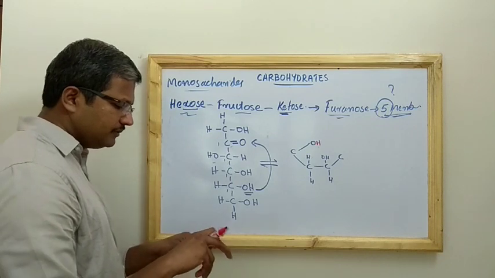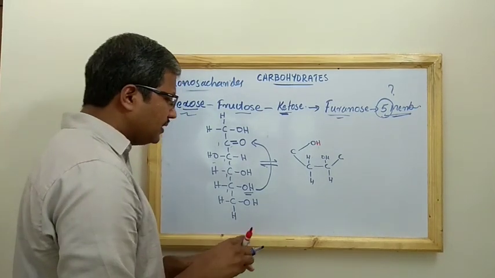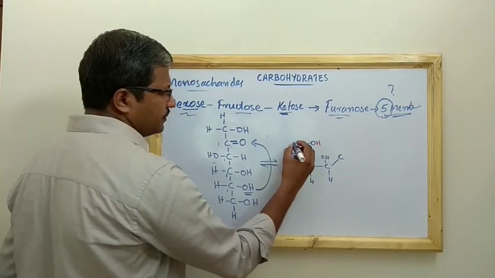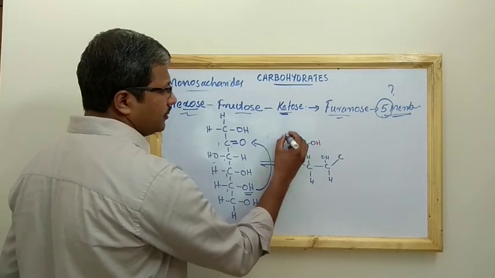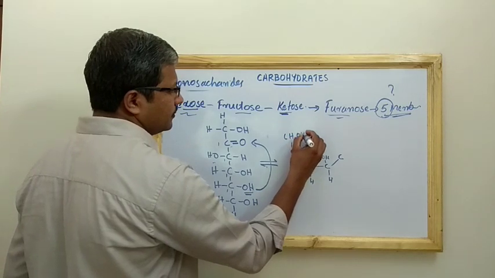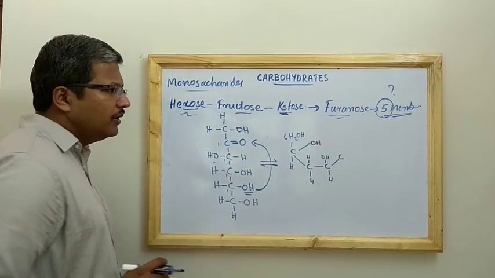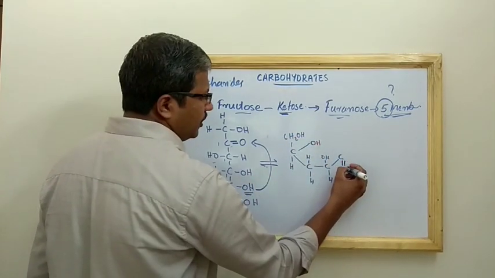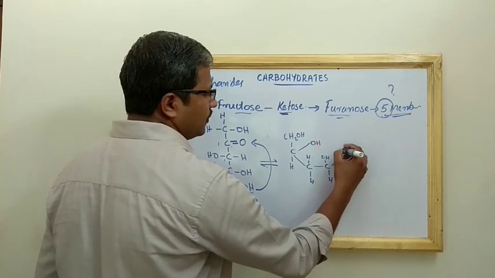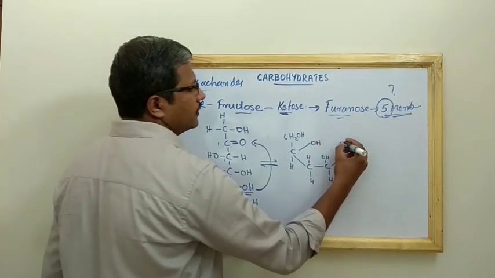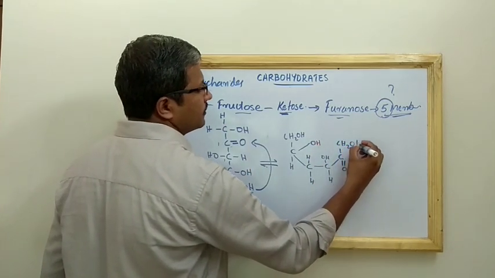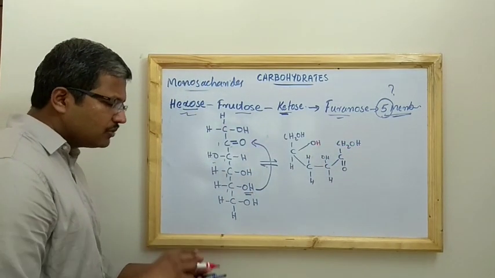Okay, and we can see the last carbon CH2OH. So this H will be there on down, and the last carbon CH2OH is there. Okay, so here we can see double bond O, and what is there on top? You can find another CH2OH. Okay, what actually is happening?